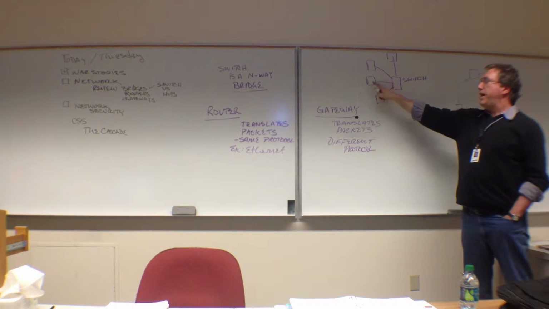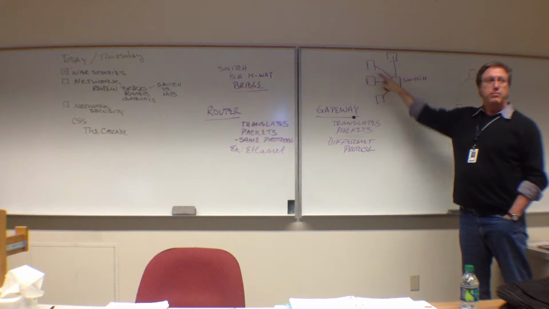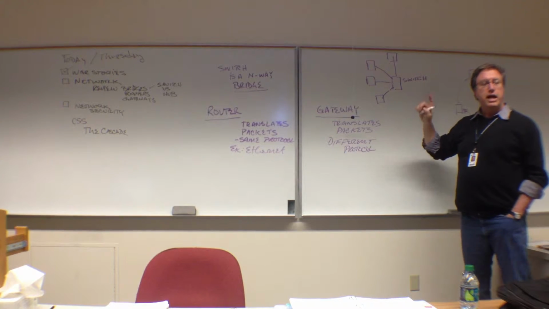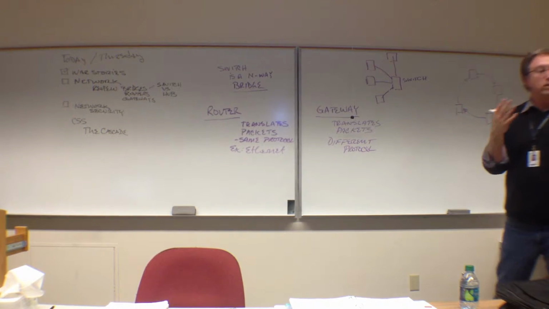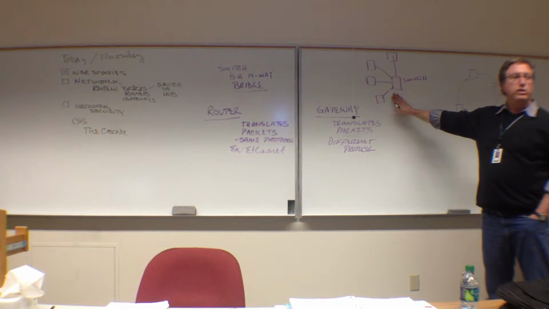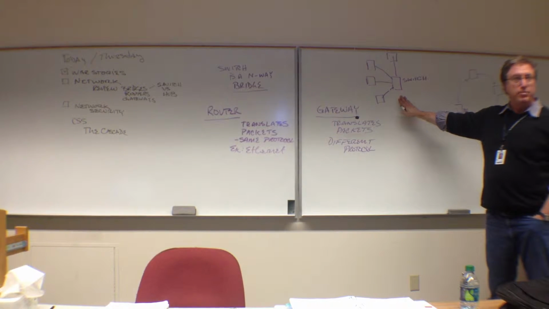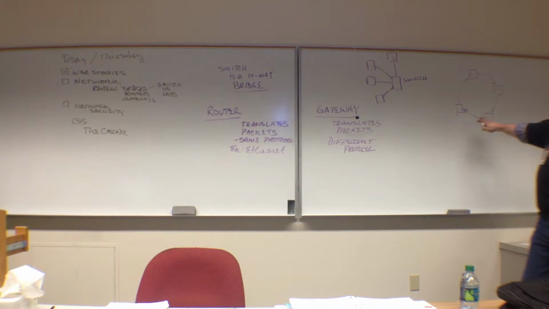Each guy is sending packets back and forth to the switch. The switch decides, where am I going to route that packet? On a token ring network, early on, 20, 30 years ago, that was too much. We couldn't do that quickly enough to make a good, fast network. The first networks like this were only 10 megabits. If you wanted to go faster than 10 megabits, you used one of these.